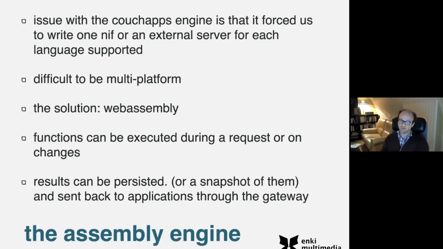So where the Couch app engine forces us to write an engine, etc., per platform, it was difficult to have the same application engine working both on FreeBSD, Linux, Windows, and many things. Here we are building WebAssembly, and WebAssembly is executed on request or on change on each application node. Results can be persisted because they are sent back to the application through the gateway.